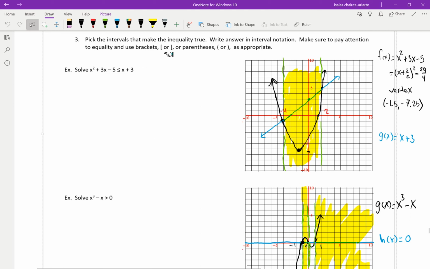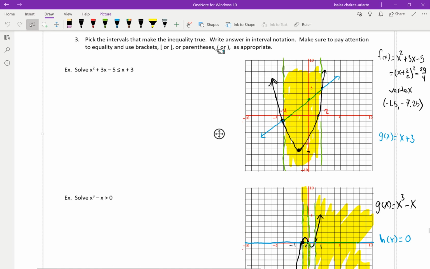Okay, so the first thing I'm going to do in order to start solving this first inequality is, in a sense, set it equal to 0. Even though we're dealing with an inequality, what I'm doing is putting all of my terms on the left-hand side, and on the right-hand side I use 0.